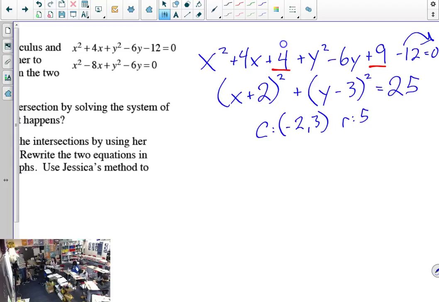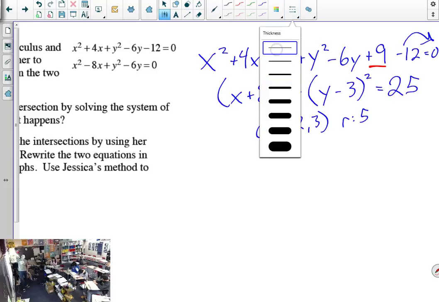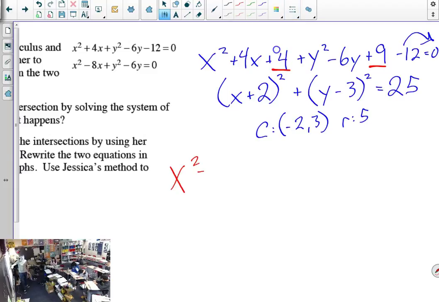So center -2, 3, and radius 5. -2, 3, yeah. Oh, it's very similar to the first one. I noticed that too.